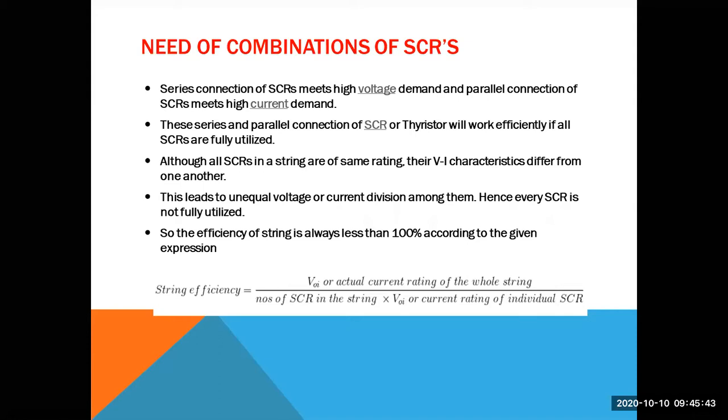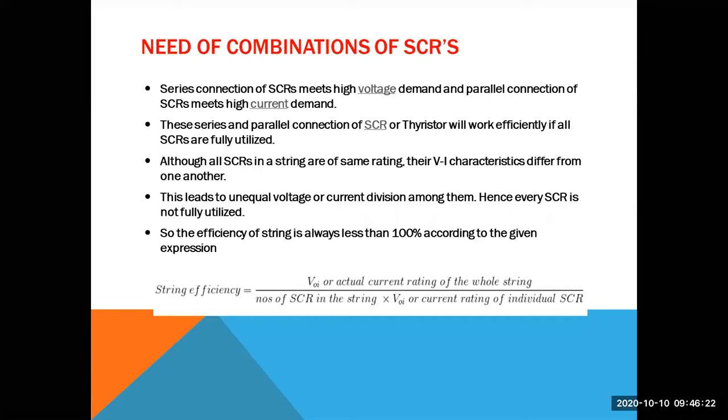If you see the formula for that, string efficiency is: in the numerator, the total voltage rating or current rating of the whole string, the complete string, divided by the number of SCRs connected in the string, that is how many SCRs you are using to form that particular string, into the current rating or voltage rating of each SCR. That is the formula for string efficiency.